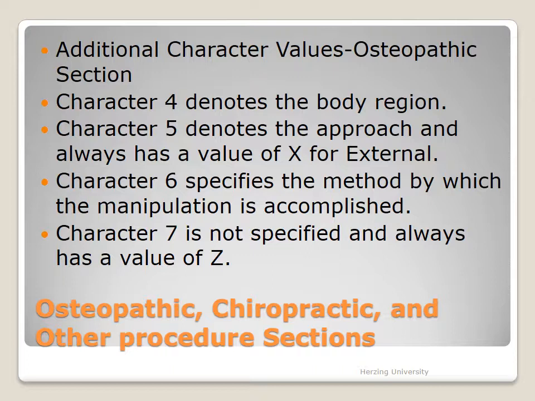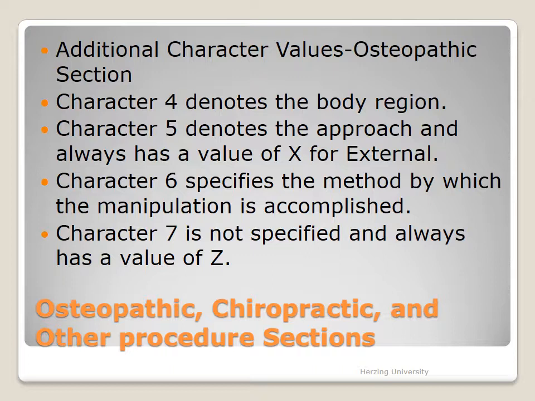Alright, let's talk about the additional character values of the osteopathic section. Character 4 denotes the body region, or the body areas that need to be identified. The following body regions and their values are used for this particular section. You have head, which has a value of 0.